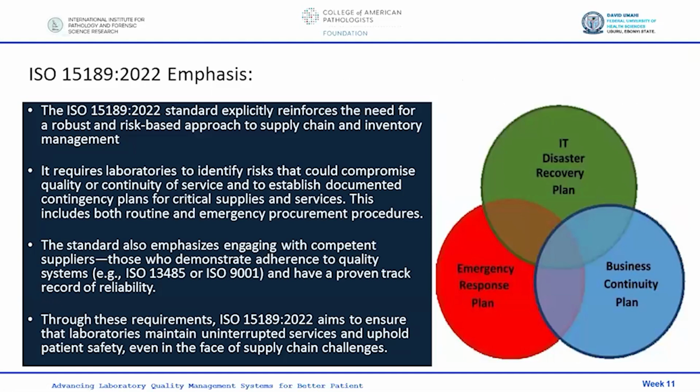15189:2022. It explicitly reinforces the need for a robust and risk-based approach to supply chain and inventory management. It also requires that laboratories should identify risks that could compromise quality and continuity of service, and also to establish documented contingency plans, which we have discussed before, for critical supplies and services.